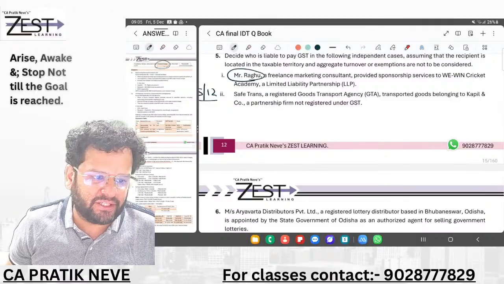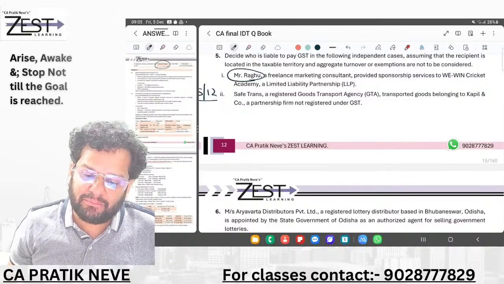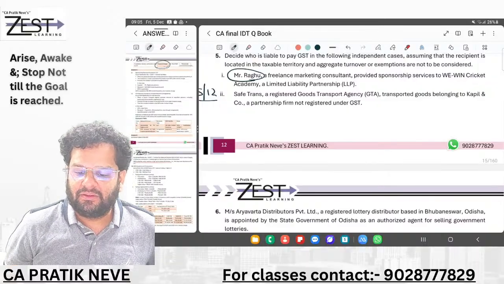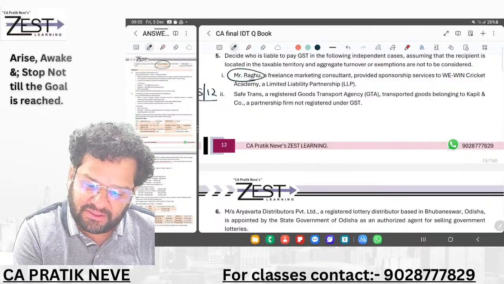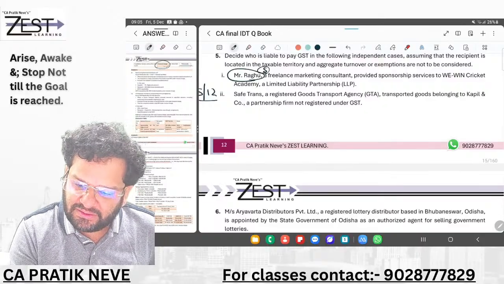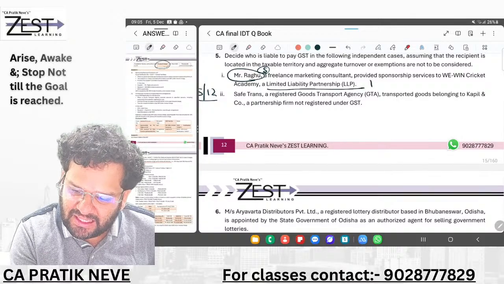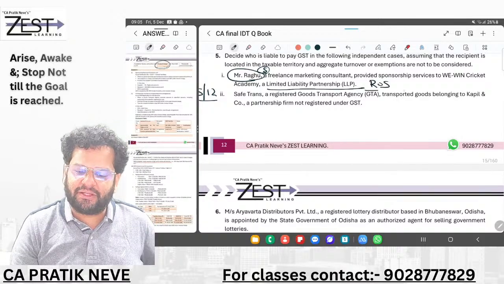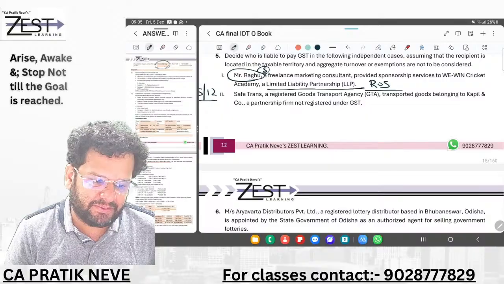So friends, now who is liable to pay GST? Who is the supplier of service? Supplier of service is Raghu. Recipient of supply is this LLP. So the liability to pay GST will be of the LLP.